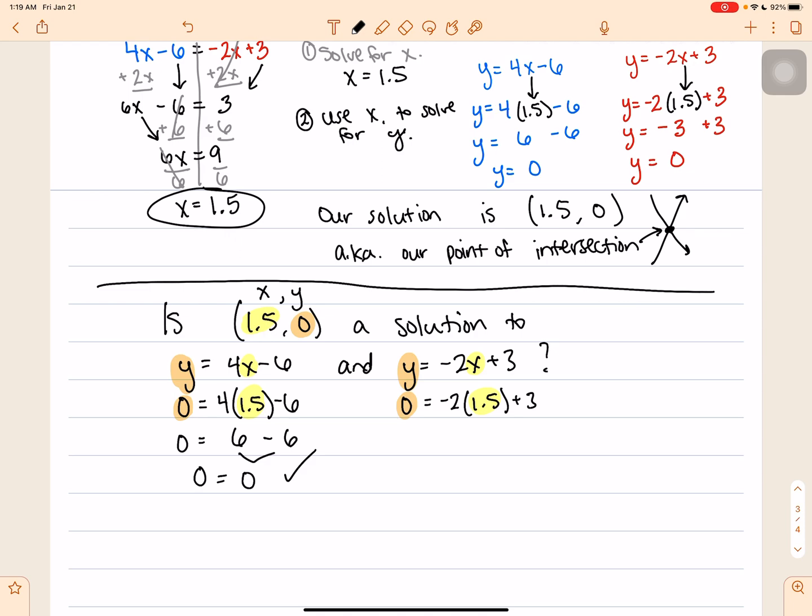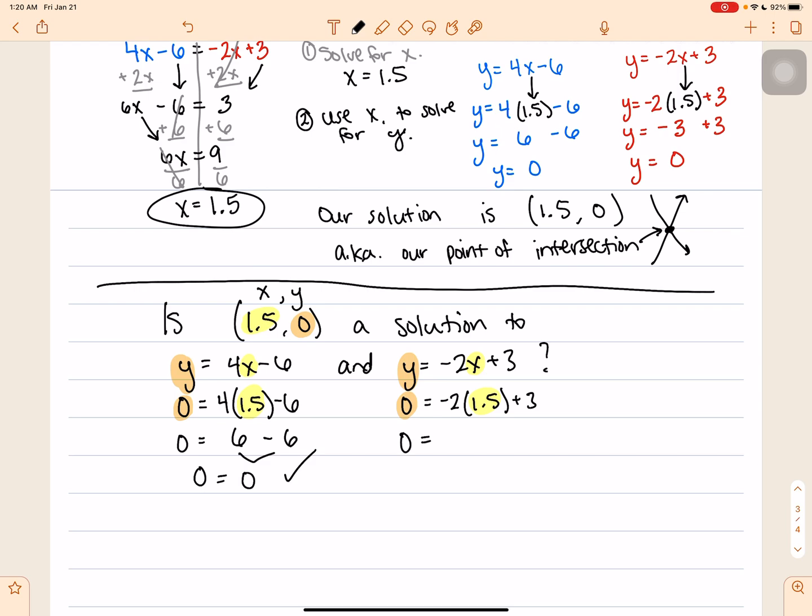0 equals 0. It has to be a true statement where each number is the same, right? It has to be saying something true. Like if you got 1 equals 0, no, that is not true, right? So that would not have been a solution to that equation. But in this case, it is for that equation. Now on Khan Academy, don't just do one of them. You have to do both, okay, just to make sure.